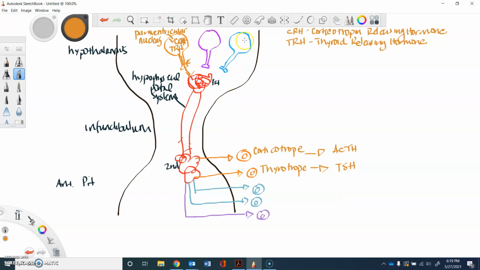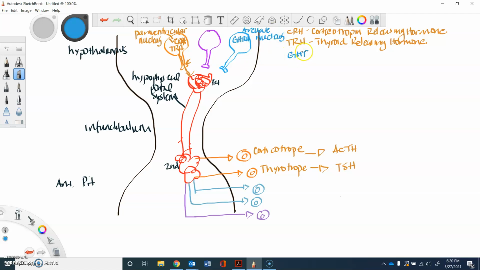All right. This blue nucleus is called the arcuate nucleus. Let's put this here so I don't run out of room. The arcuate nucleus secretes GHRH.